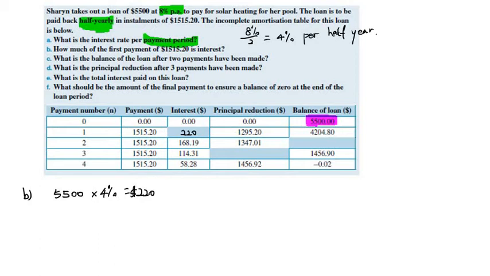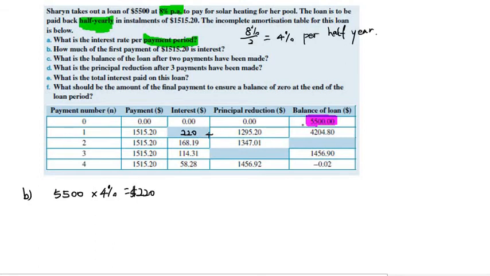If you add up the interest and the principal reduction, it should equal $1,515.20, because part of this money is used to pay off the interest, and part of the money is used to pay off the principal.